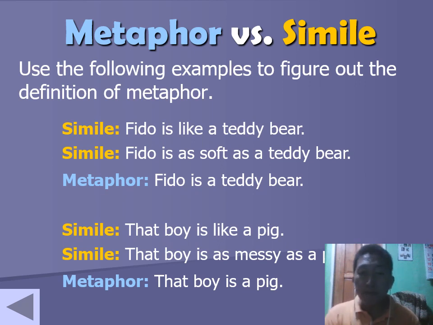Another simile: that boy is as messy as a pig. But in metaphor: that boy is a pig. Because, again, in metaphor, you are comparing two unlike things without using like or as.